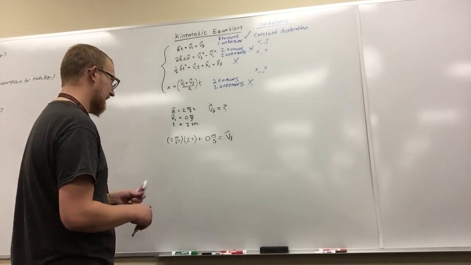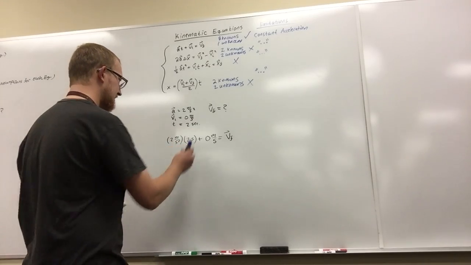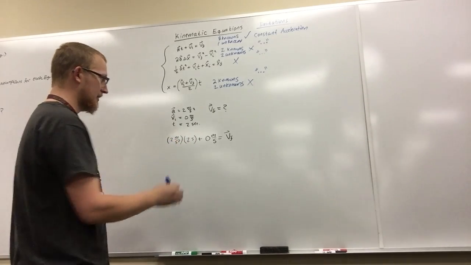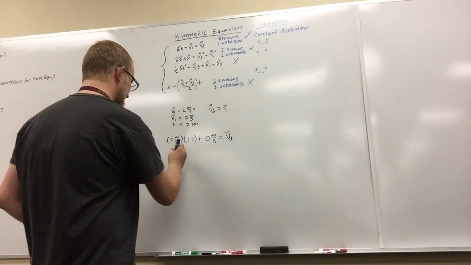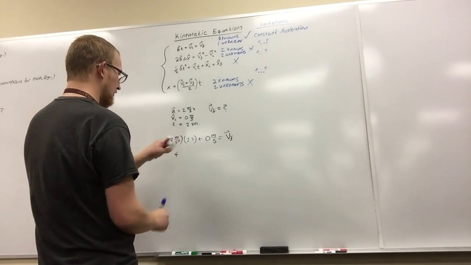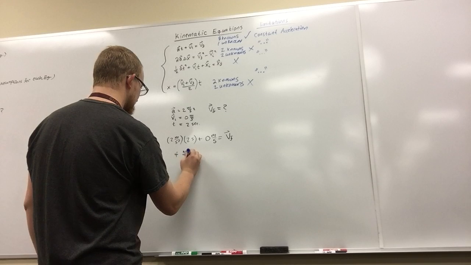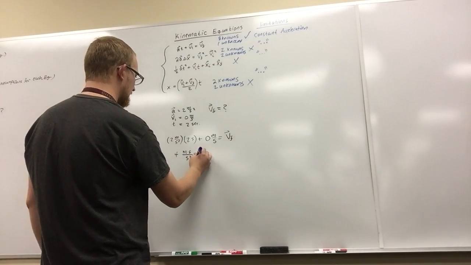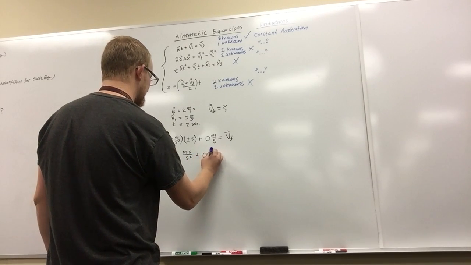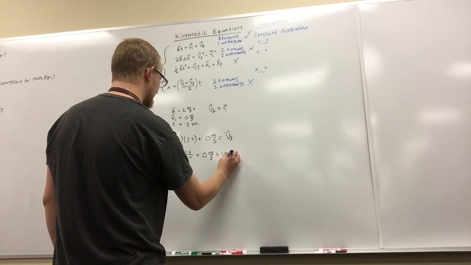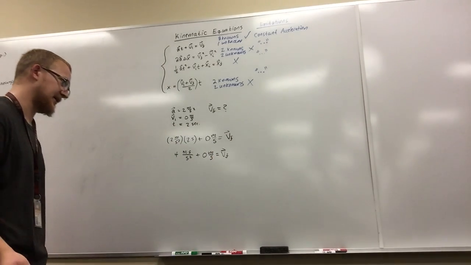So here we have 2 seconds. Here we have meters per second squared. Well, if we take 2 times 2, we get 4. And then we multiply the units, that's meters seconds per second squared plus 0 meters per second equals VF, V final, velocity final.